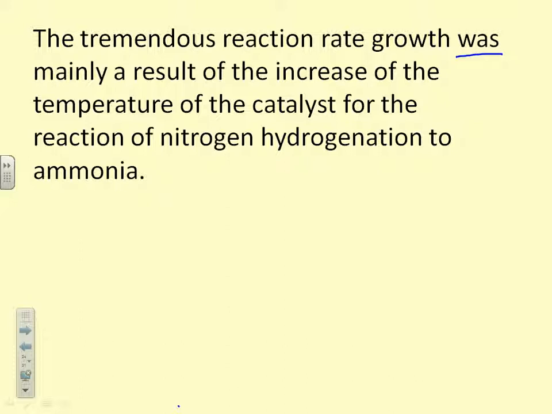Okay. Of the increase, of the, for the, of nitrogen, to. "To" is not always a preposition, but it is here. So one, two, three, four, five, six prepositional phrases in that short amount of time.